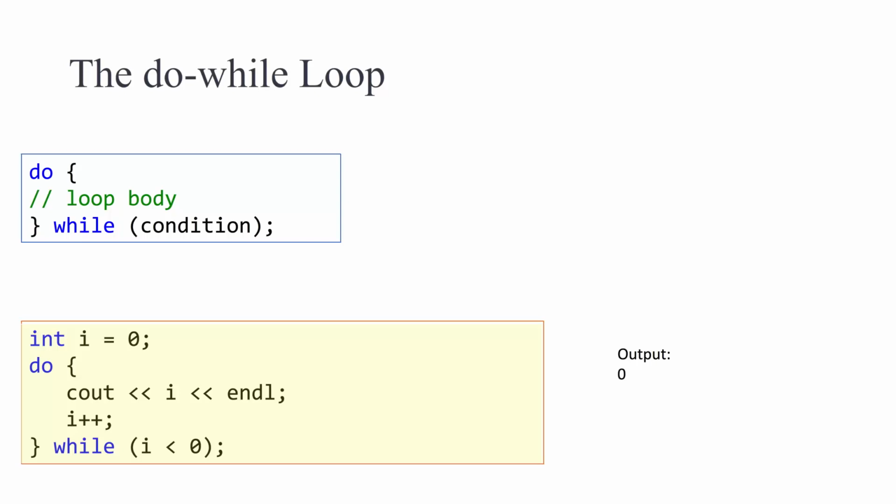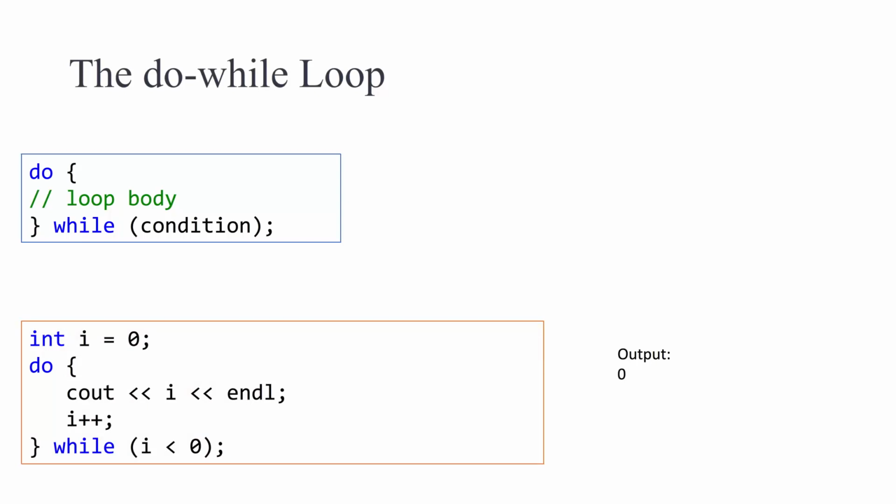The loop condition i < 0 is then checked. Since the initial value of i is 0, the loop condition is false from the start. However, since this is a do-while loop, the loop body is executed at least once regardless of the loop condition.